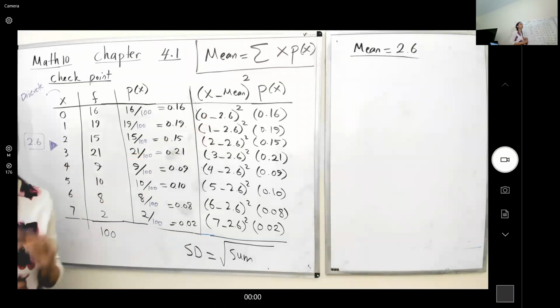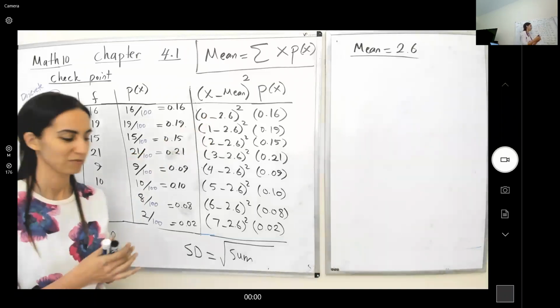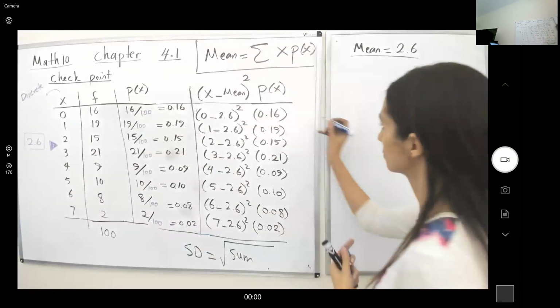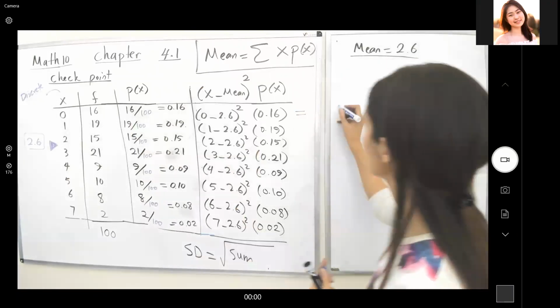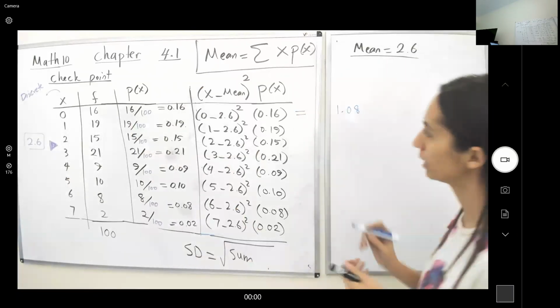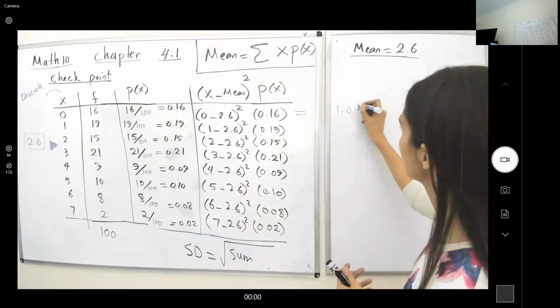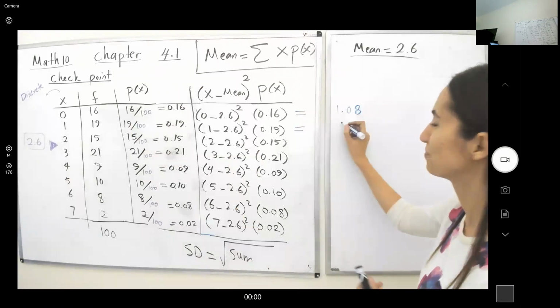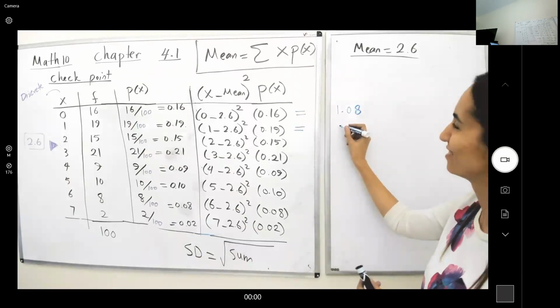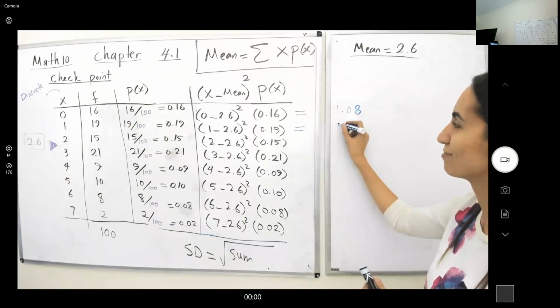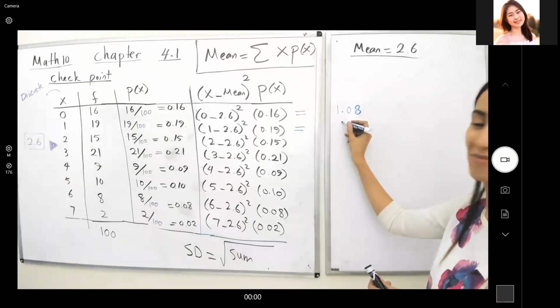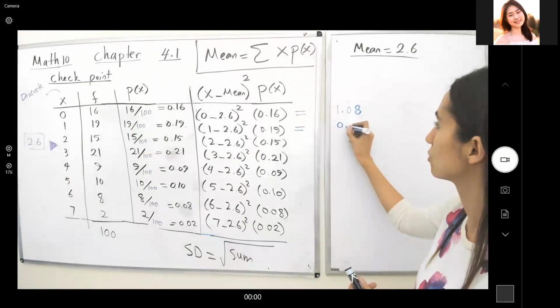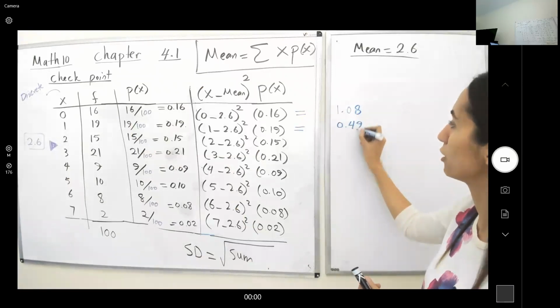So what is your first number? 1.08. The second number? 0.49.